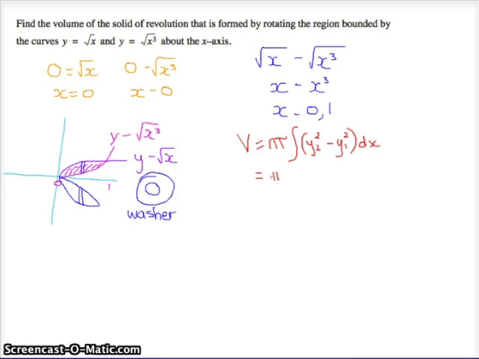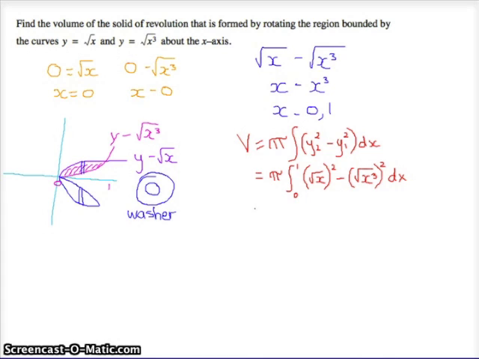We're going to keep pi on the outside, and we are integrating between our lower limit 0 and our upper limit 1. Now our top function is y equals the square root of x. So we have the square root of x, and that has to be squared, minus the bottom function, the pink line, y equals square root of x cubed, and that's also squared, with respect to x.